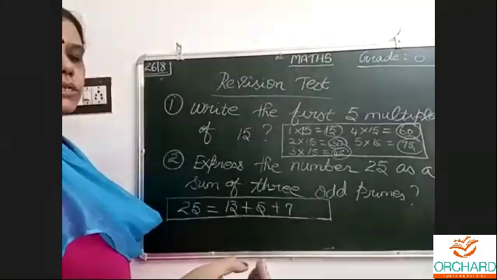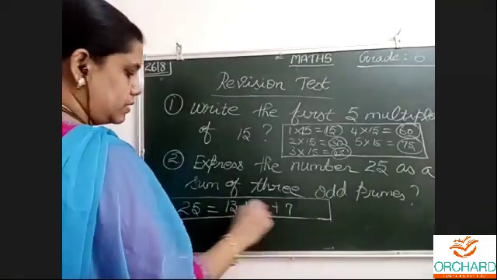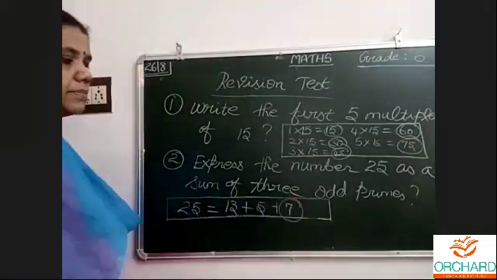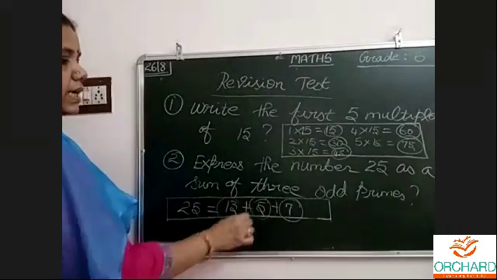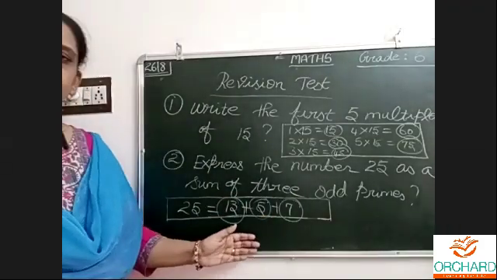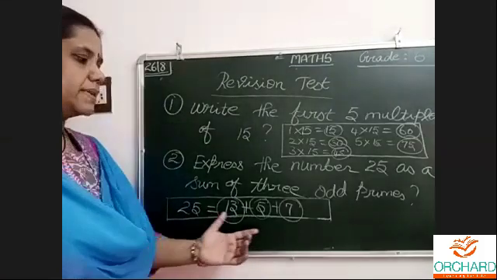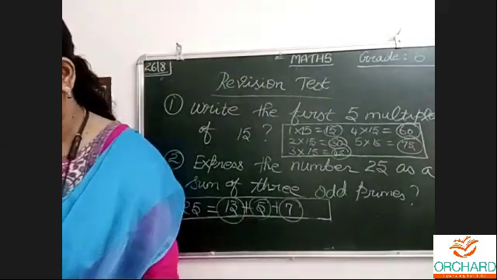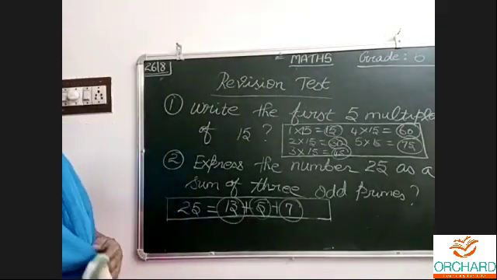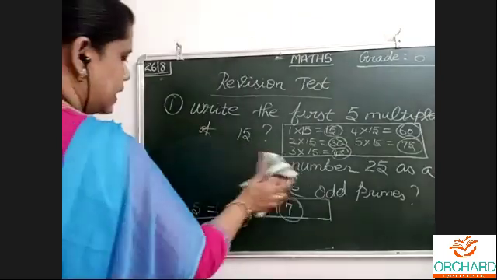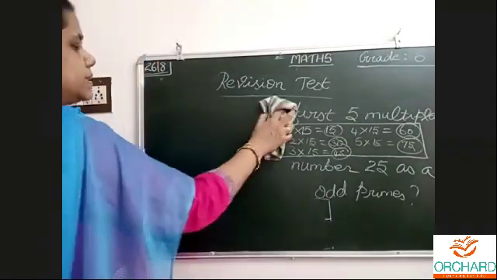So these are the 3 odd primes. Any number I can ask to represent as odd primes. Understood this too? In the exam, I can ask multiples, factors, both.